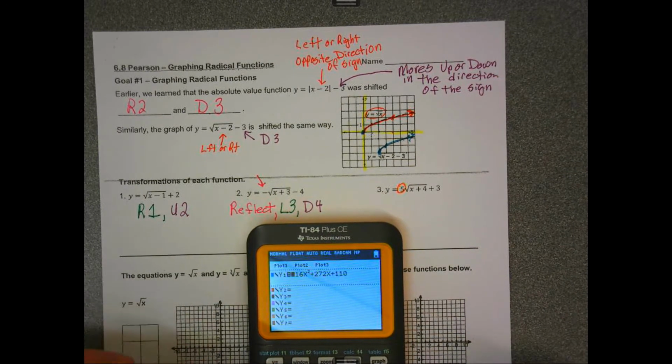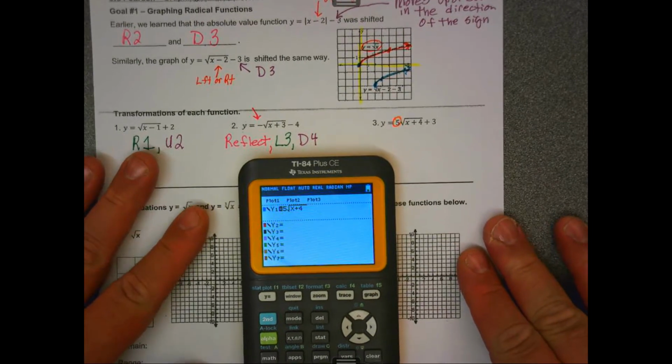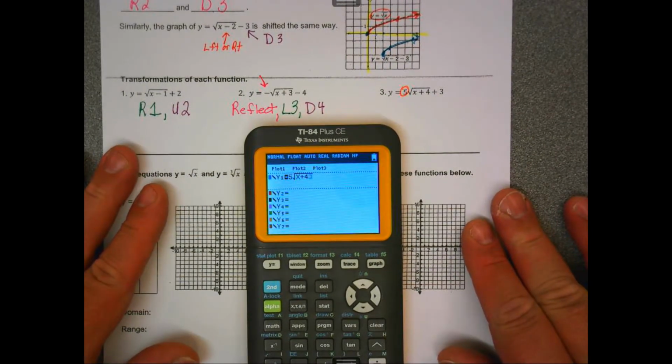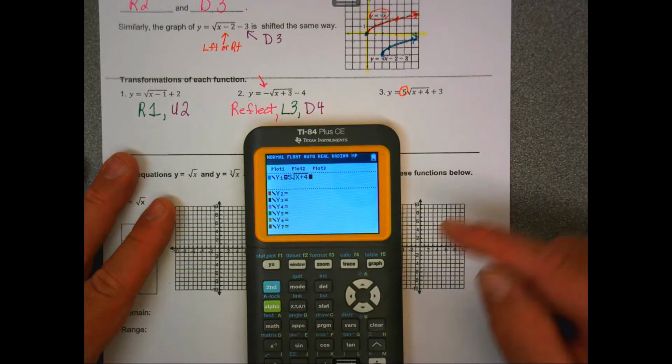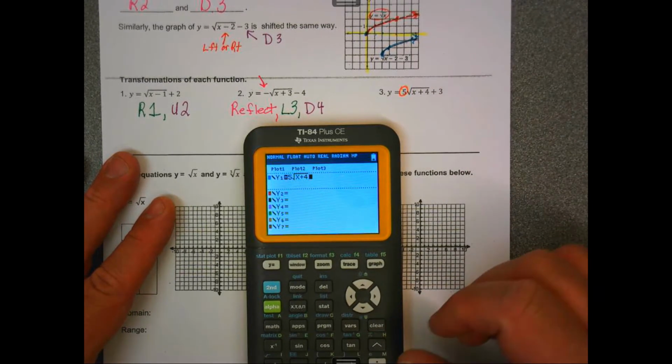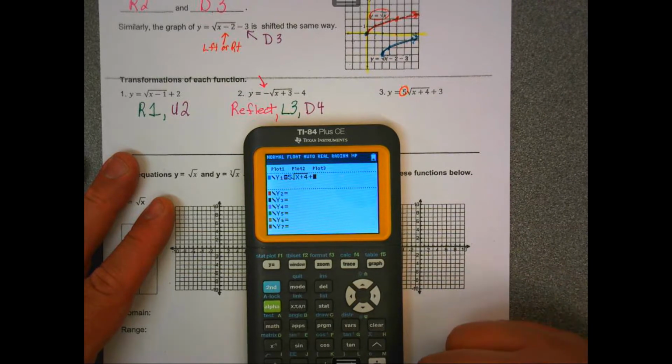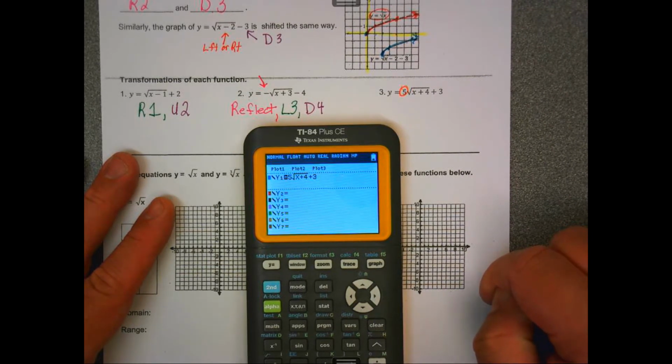So I'm going to go to my y equals, I'm going to put in 5 square root, so second x squared, square root of x plus 4. Then I'm going to move this up so you see what I'm doing. And then I'm going to hit my arrow key to get myself out of that radical because I want the +3 out of the radical. So +3. I'm going to graph that.